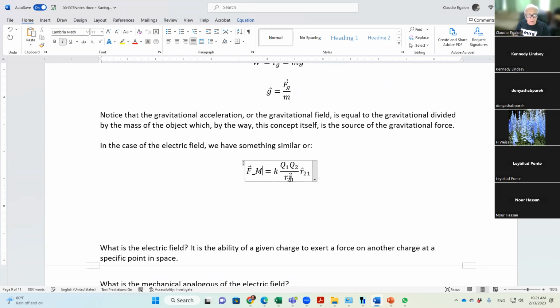Main charge and a test charge. You know what? I'm gonna put it like that, 1 and 2. Force of 1 applied to 2.